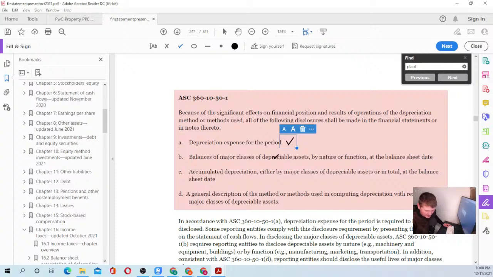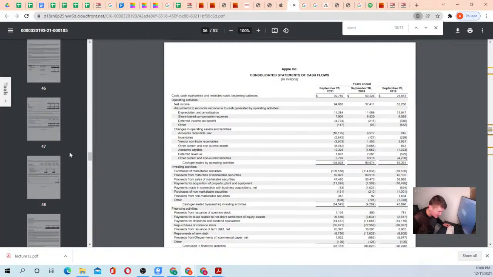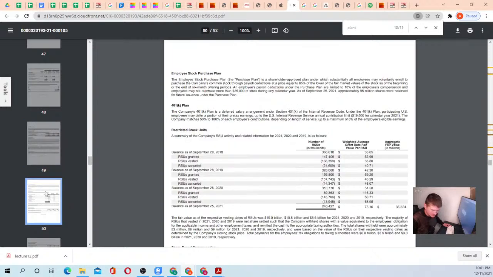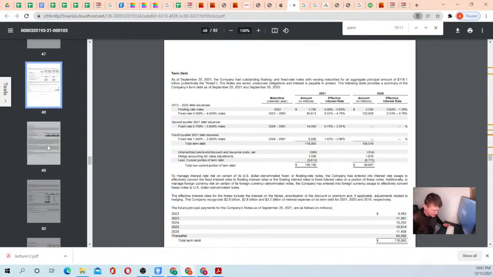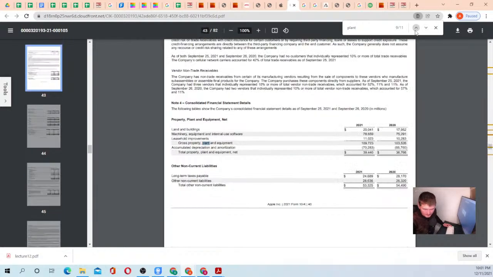Balances of major classes of depreciable assets by nature or function at the balance sheet date. Okay, that was page 49, I believe. No? Here. Okay, here, page 43. So here we have it.